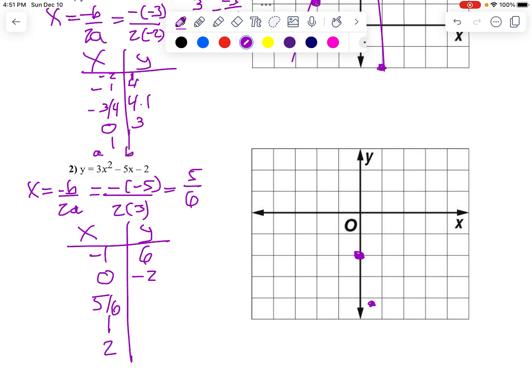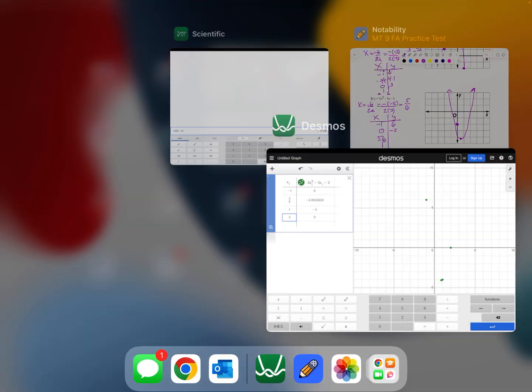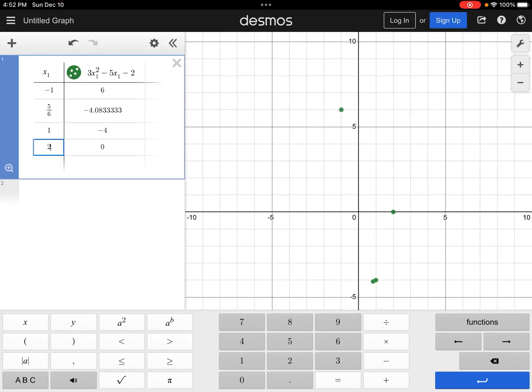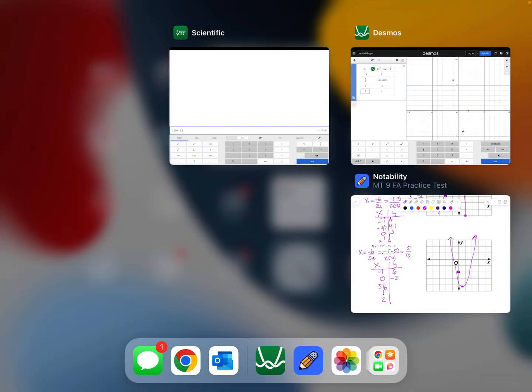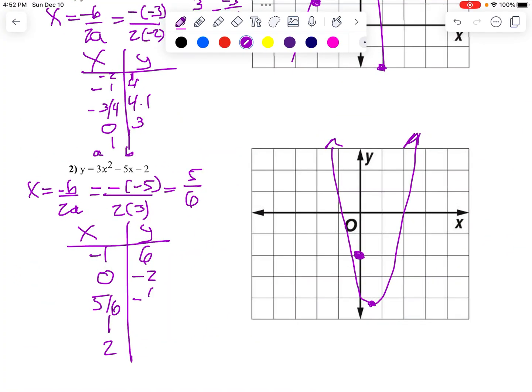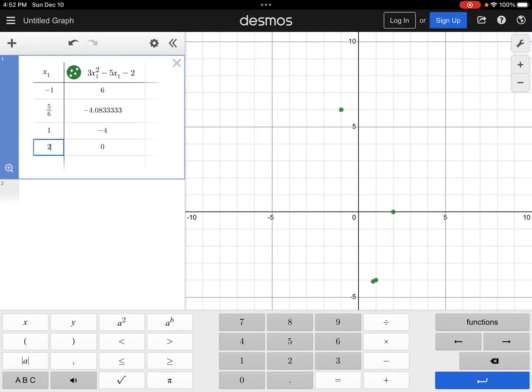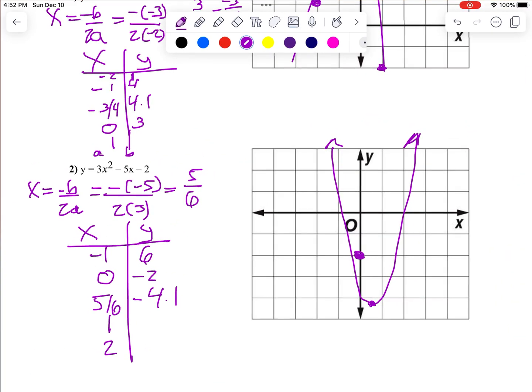And so I know my graph is going to look something like that. Let's fill in the points in my table because I want to follow the directions. So I got negative 4.1, and 1 is going to be at negative 4, and 0.